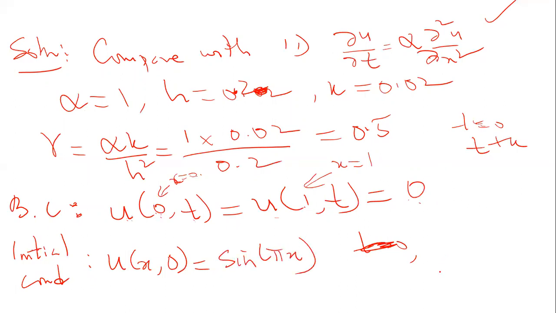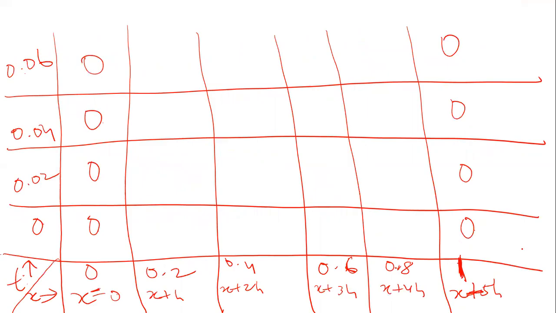So for all values of x lying between 0 and 1, at t equal to 0, the u value is sine pi x. So t equal to 0 is this line.